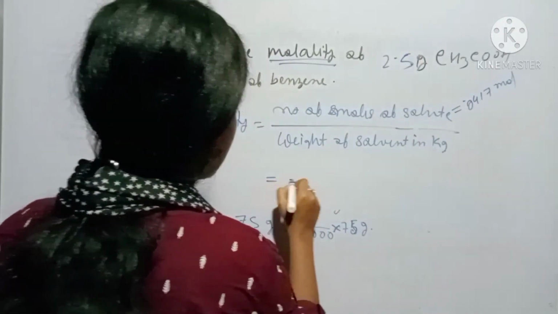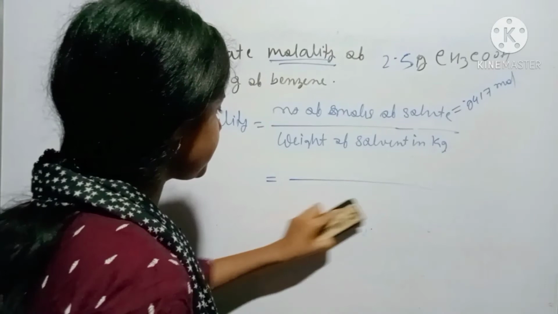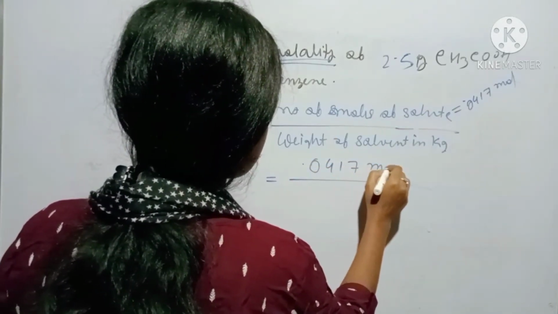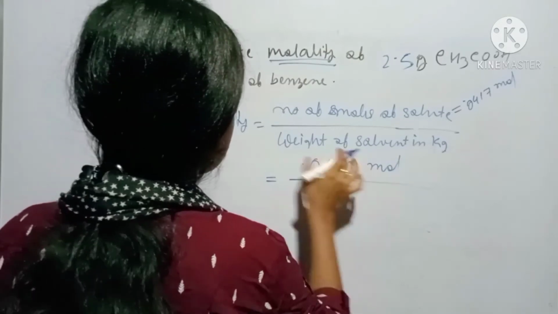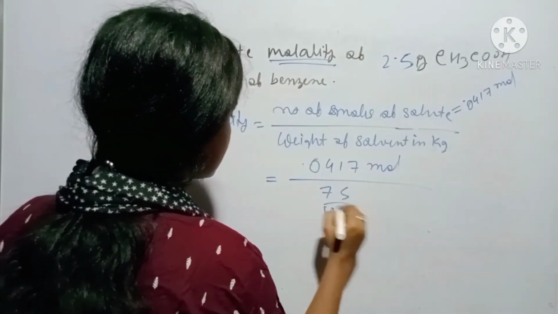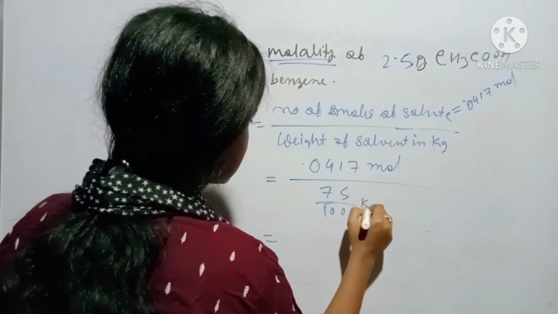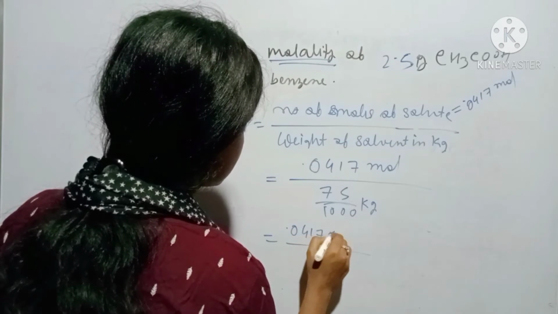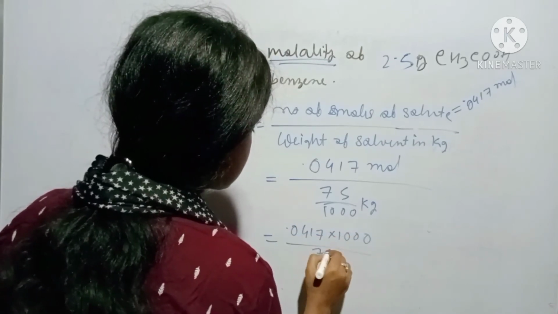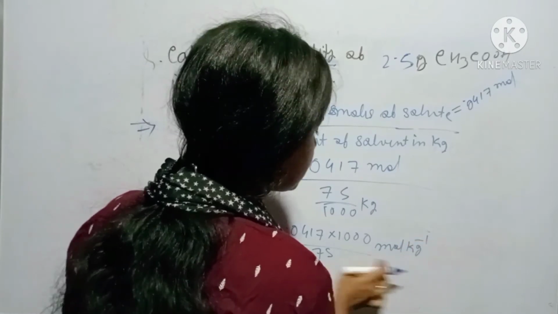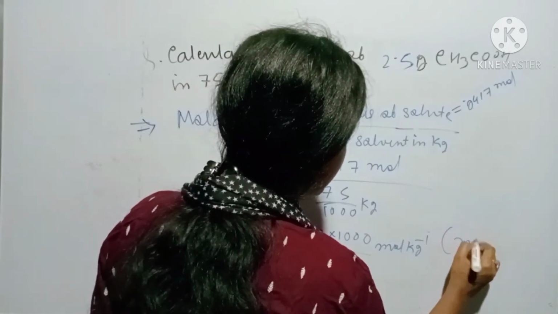Here I'm going to put this value. The moles are 0.417 mole, and the weight of solvent in kg is 75 by 1000 kg. So 0.417 into 1000 by 75, mole per kg, which is the unit of molality.